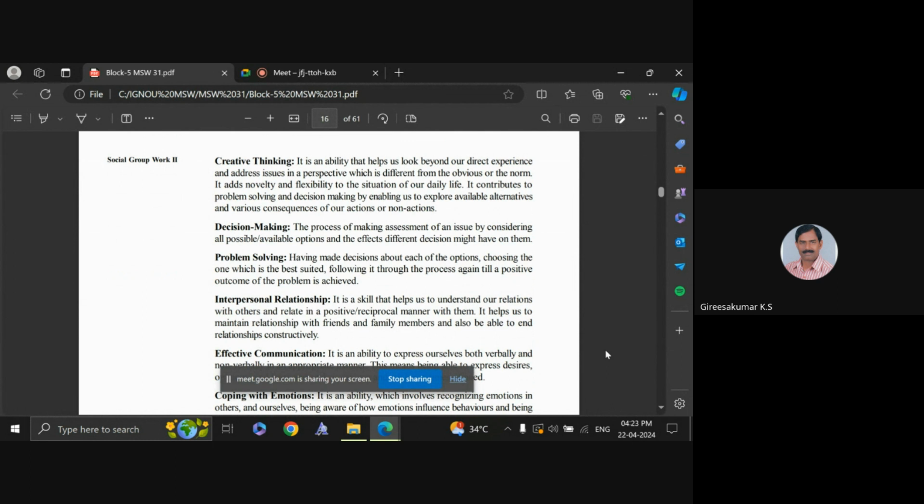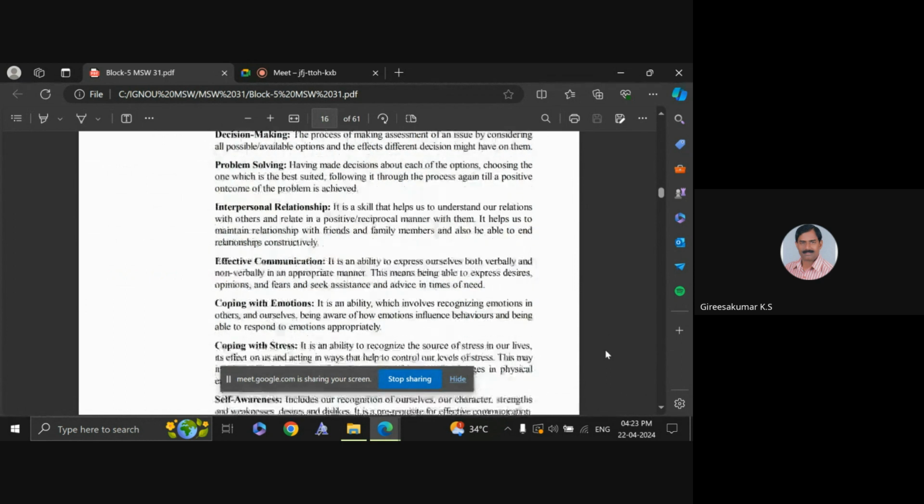Then interpersonal relationship. Relationships are very much necessary in the social work field, because the social work field needs so many interactions. For that, interpersonal relationship is very much necessary. Also, effective communication.